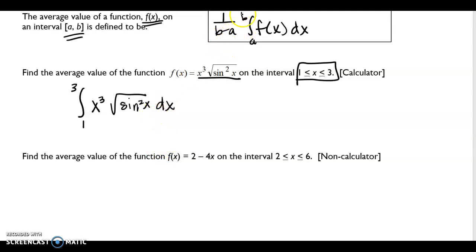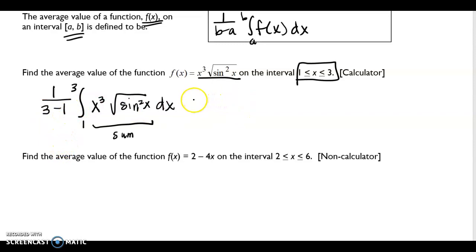The other piece that I'm missing is this 1 over b minus a. And so this is like just the width of your interval. So this is going to be 1 over 3 minus 1. If you think about averages, like an average set of numbers, you add up all the numbers and divide by the number of numbers that you have. This is the same idea. This integral is like your sum, remember, like Riemann sums, and then I'm dividing by the width of my interval, which is kind of like the number of numbers that I have.